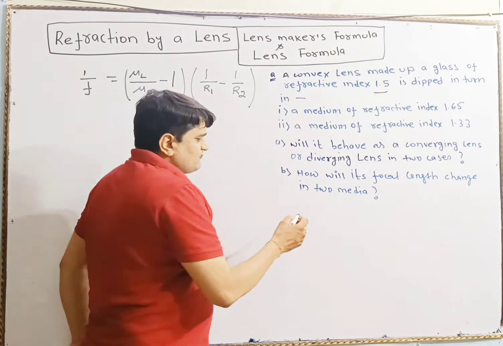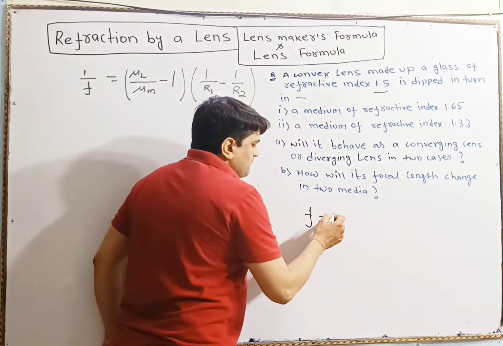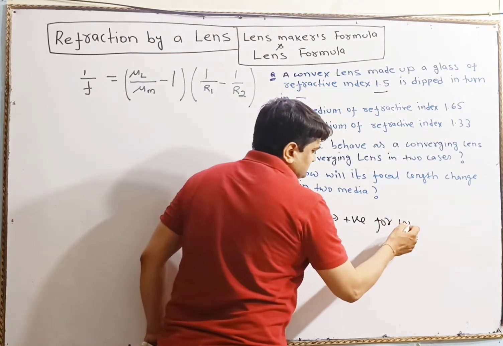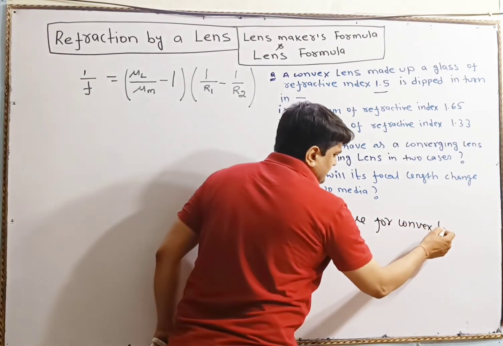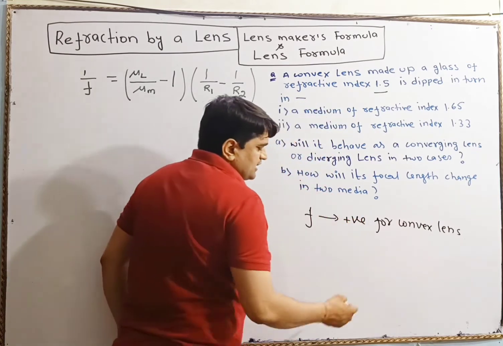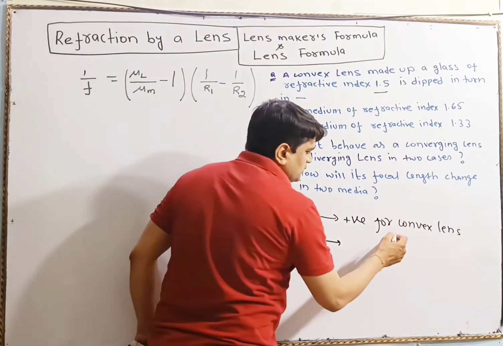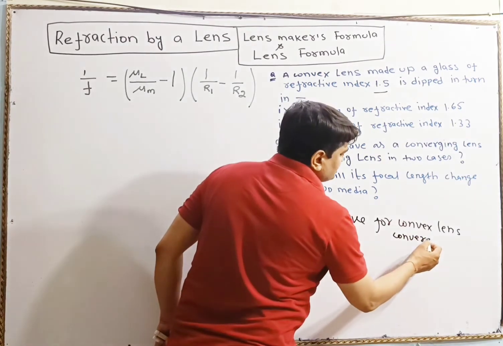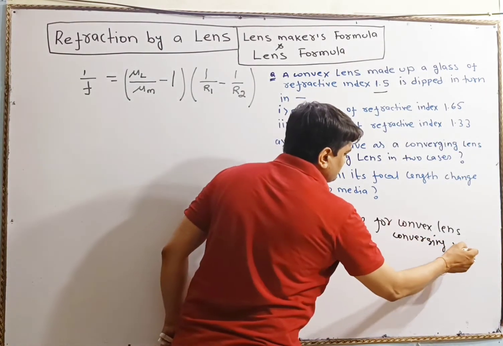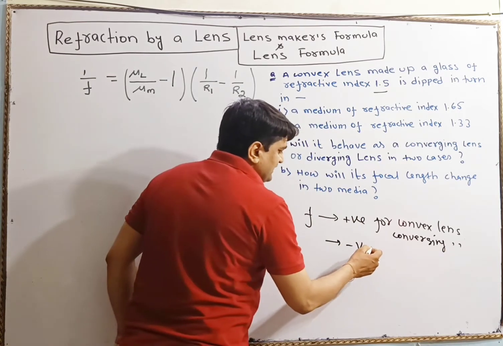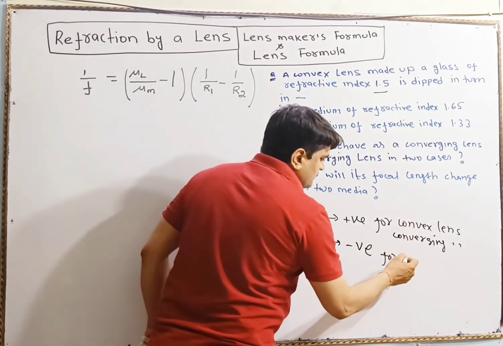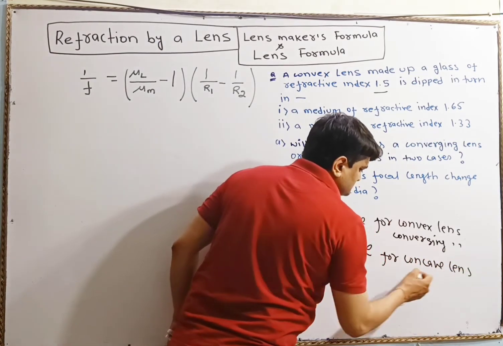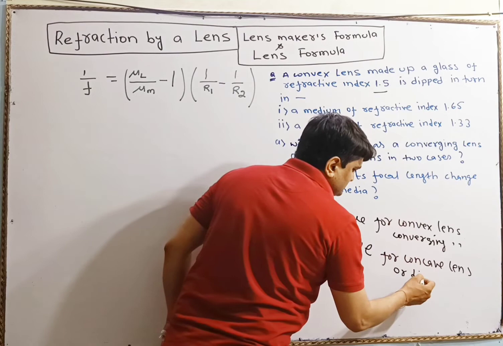We know that focal length is positive for a convex lens, and that is called a converging lens. Another name is converging lens. It will be positive, and it will be negative for a concave lens or diverging lens.